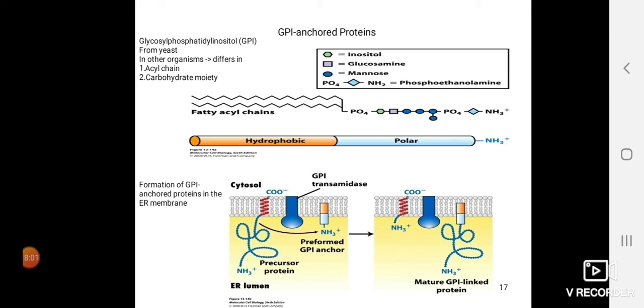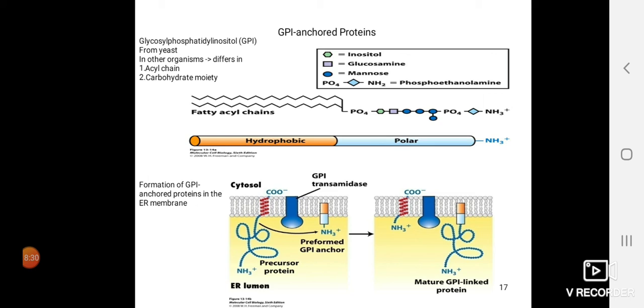So in this particular case of GPI anchored proteins, this is one more method by which a protein gets incised into the membrane. In this case, at the initial stage the polypeptide chain synthesis takes place in a normal way, with a larger N terminal side and a smaller C terminal end.